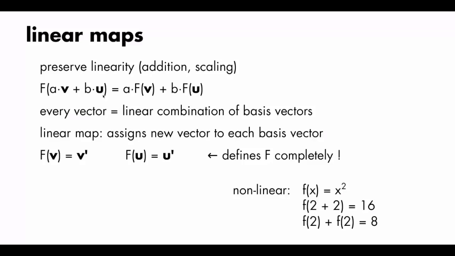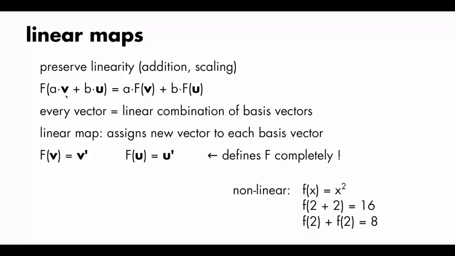So we already saw that any vector can be expressed as a linear combination of a few basis vectors that we're starting out with. And we saw that the linear map only really cares about these basis vectors.